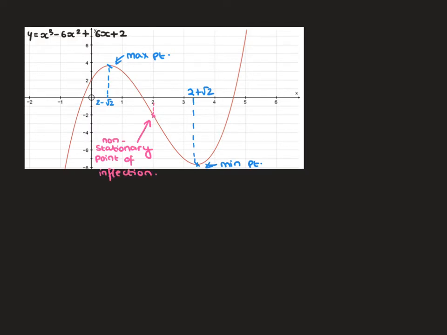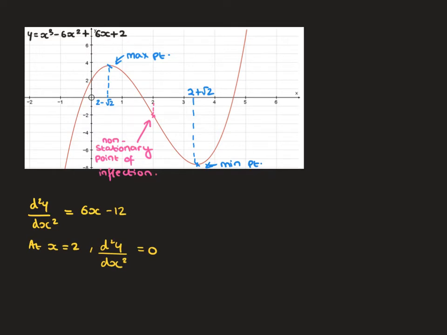And let's take a further look at this second derivative. So let's remind ourselves d2y by dx squared is equal to 6x minus 12. So we know at x equals 2, this second derivative is equal to 0.